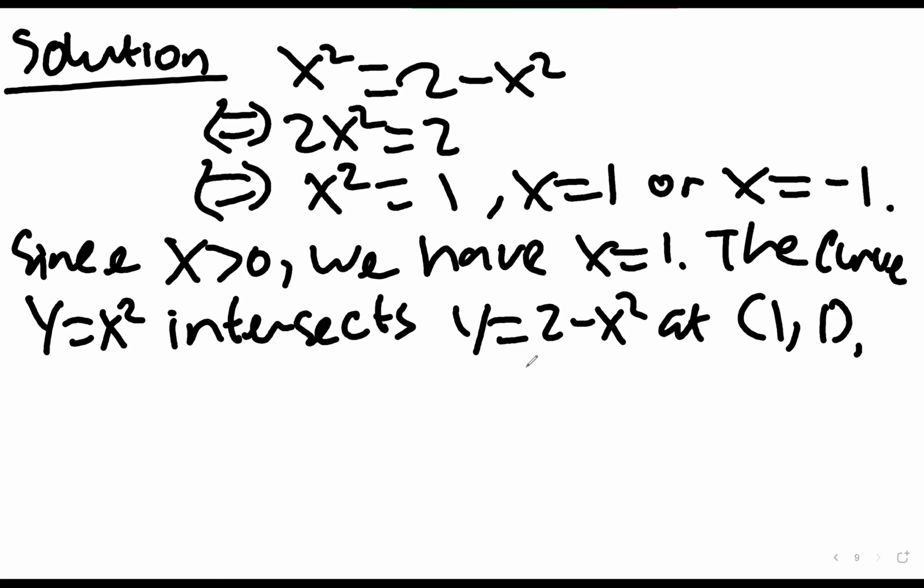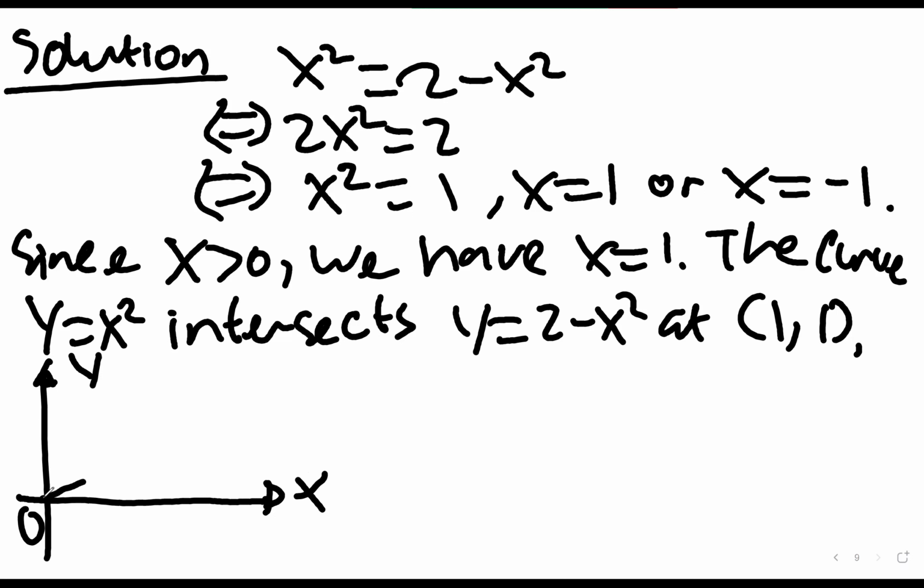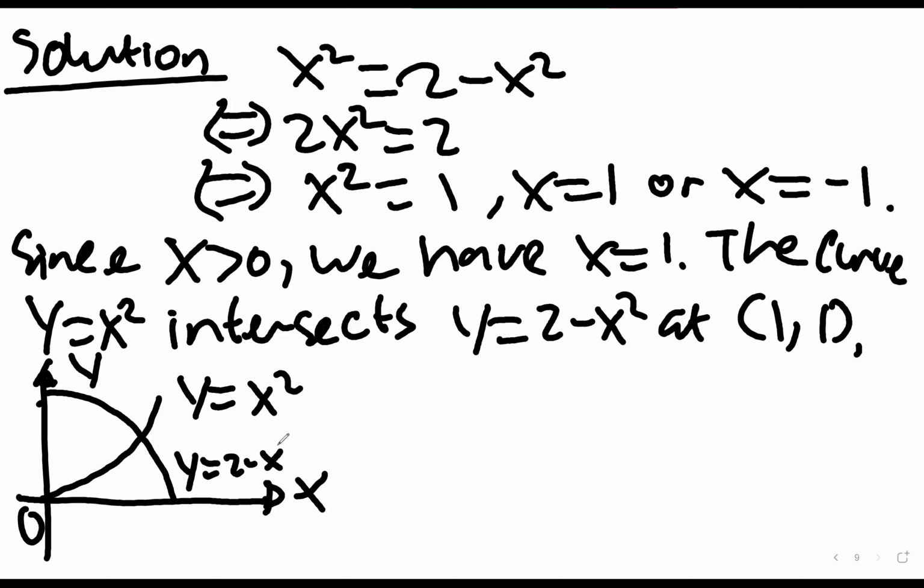Okay, and in this case, you may consider the sketch of the curves y equals x squared and y equals 2 minus x squared. The point here is 1. So the region will be, let's say, this one.